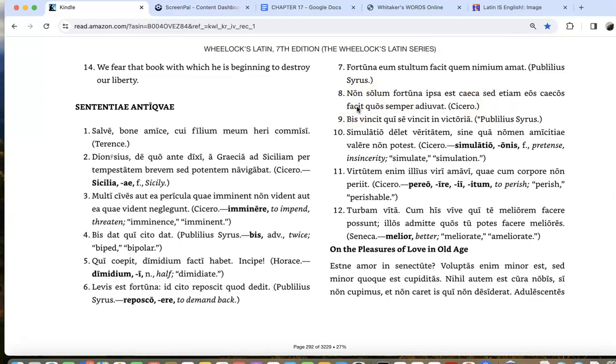So facit means it makes, and etiam means also, but it also makes those blind.